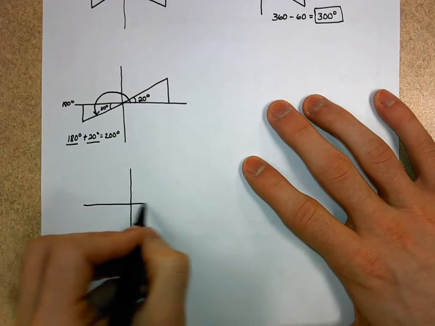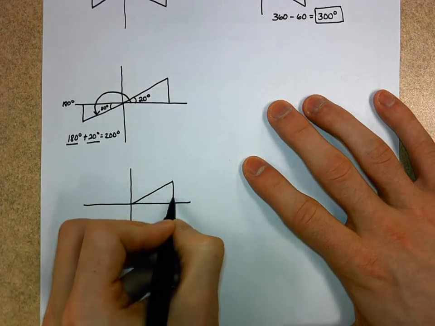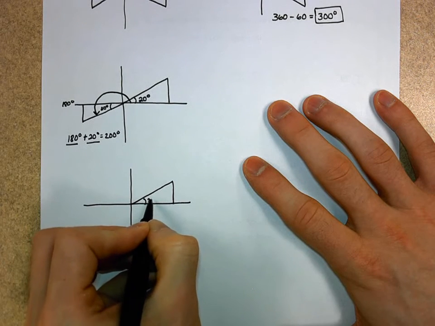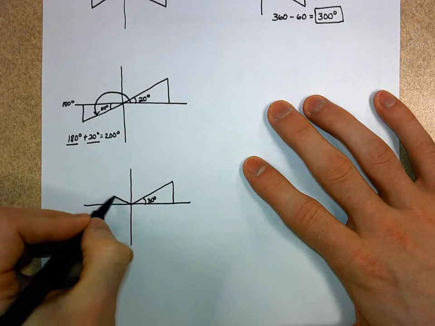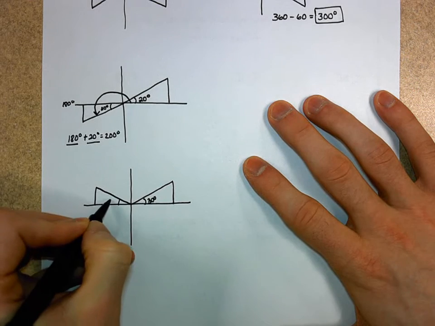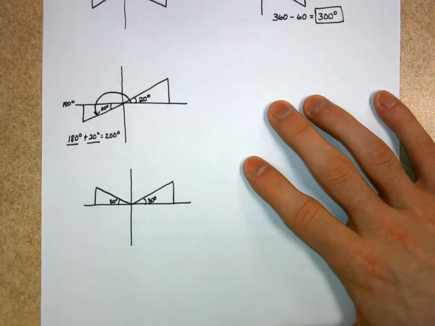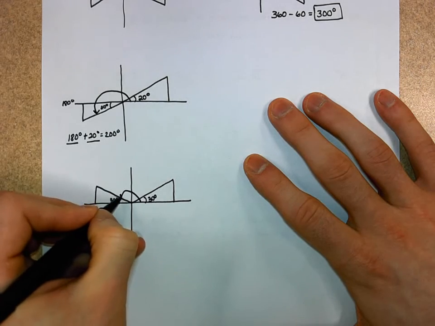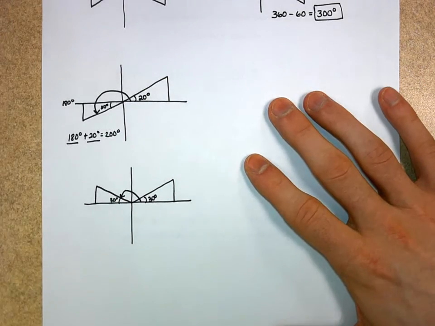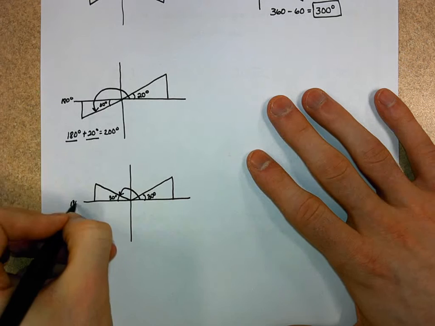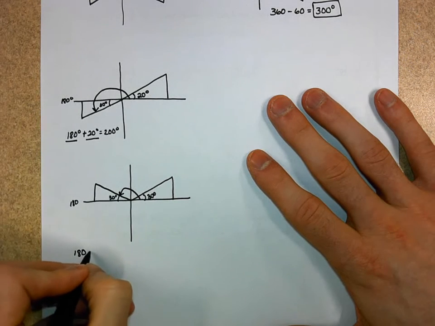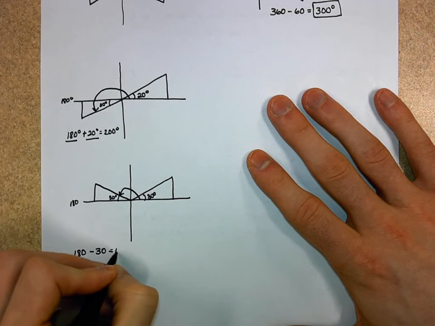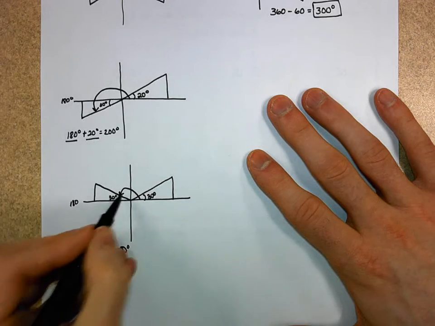I might have a reference triangle that is in the first quadrant, and let's say this is 30 degrees, and it would be in the second quadrant. If that's the case, once again we go in a counterclockwise direction, and I want to find that angle measurement. Since I know this is 180 degrees, I'm going to subtract 30 degrees to give me that angle measurement that's in the second quadrant.